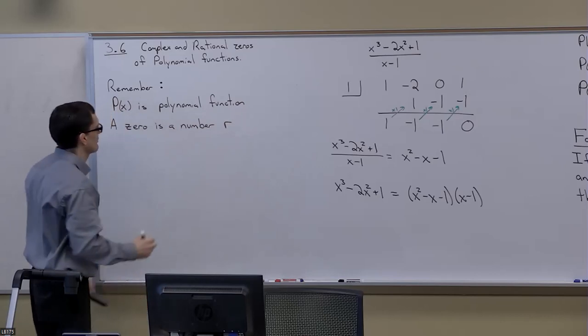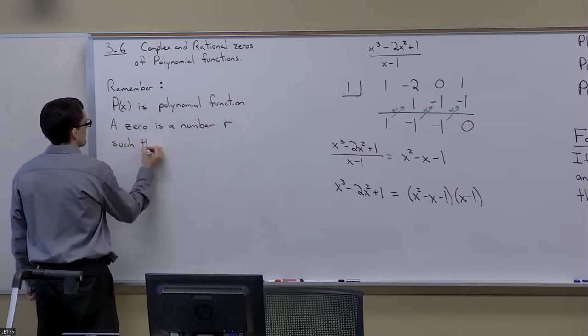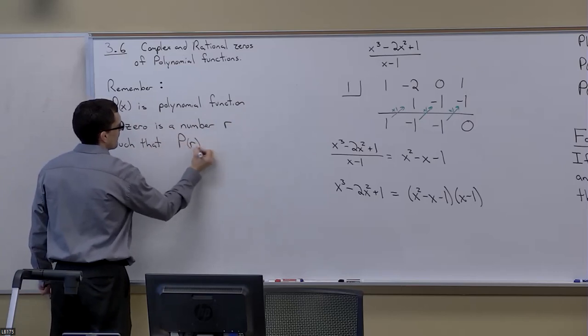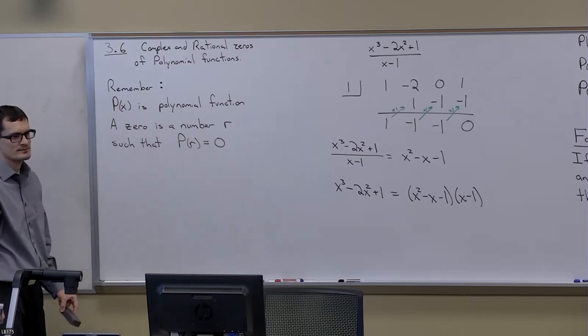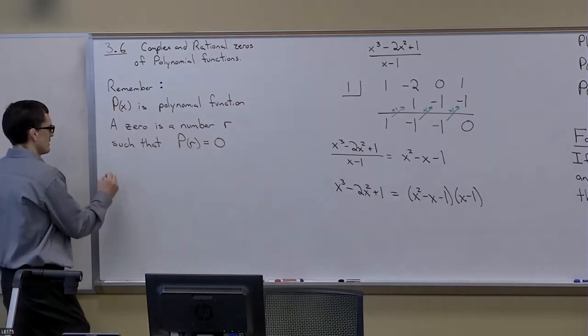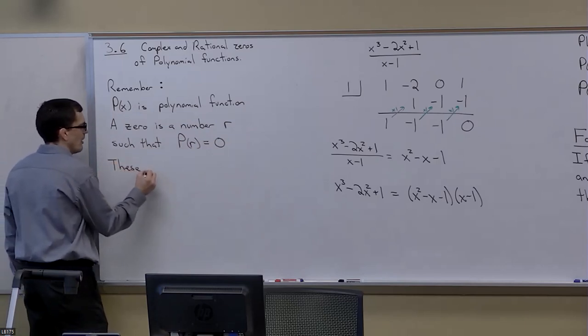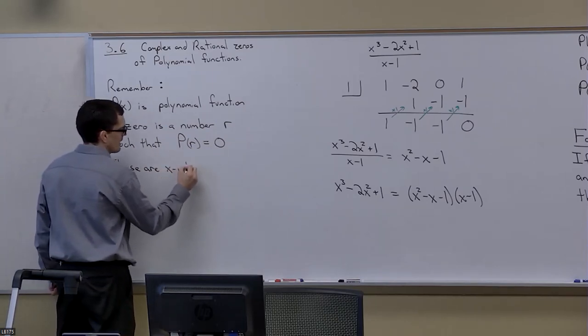A number R, such that when you plug in the number, you get out a 0. And remember, graphically, these are the x values of your x-intercepts.